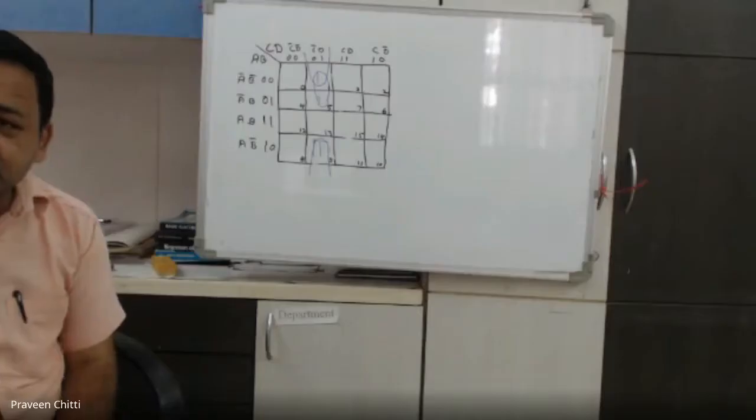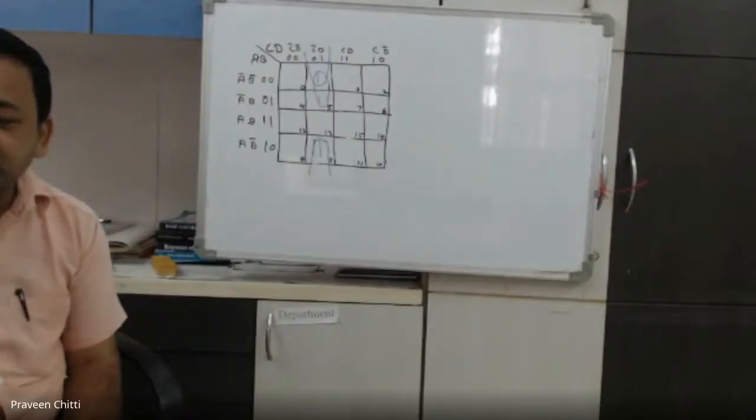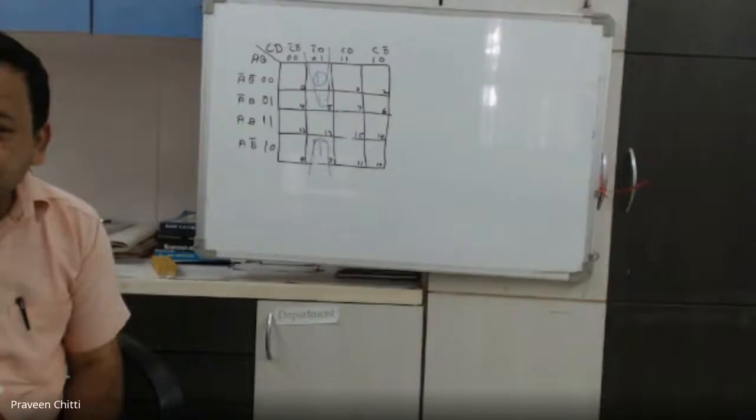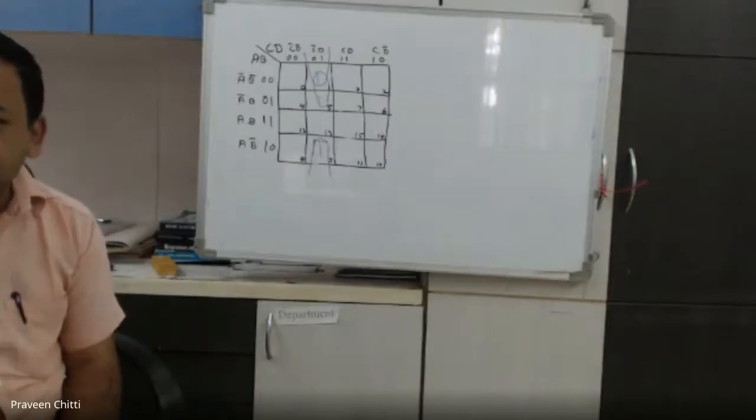Okay. What is the significance of this pair, chord, and octet? A pair eliminates one variable, a chord eliminates two variables, and an octet eliminates three variables. Is that clear? Yes, sir.